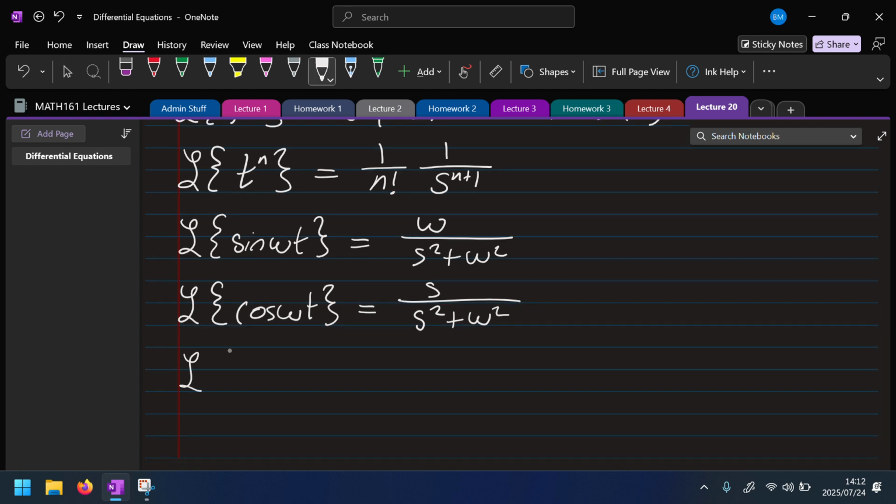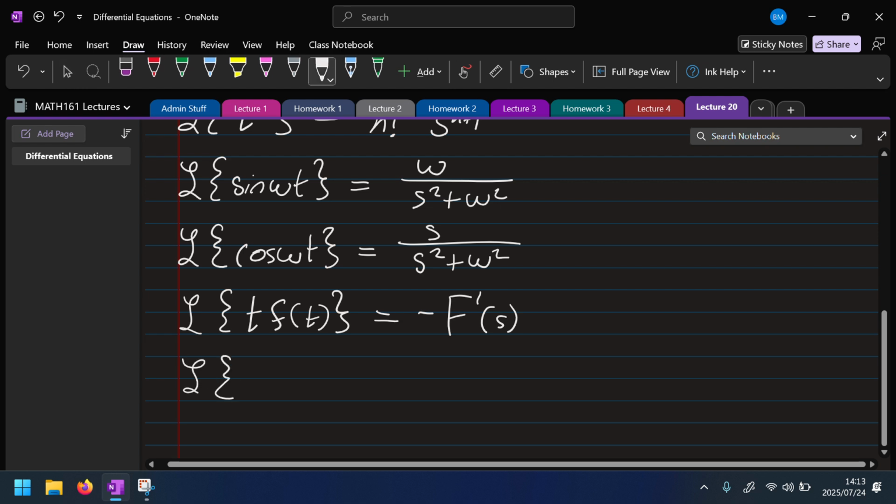Okay, then there were a couple more. So if we have t times f of t, so we know what the Laplace transform of f is, if we multiply it by t, this is the same thing as minus capital F prime of s. Okay. So if we know what it is for little f, then we just take the derivative, put a minus sign in front, and that's what we get for t times f of t.